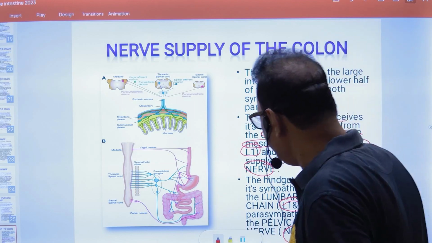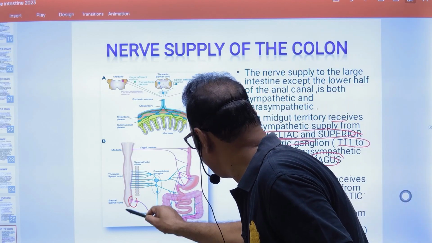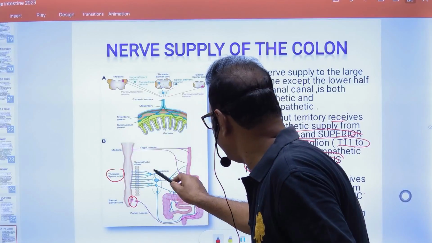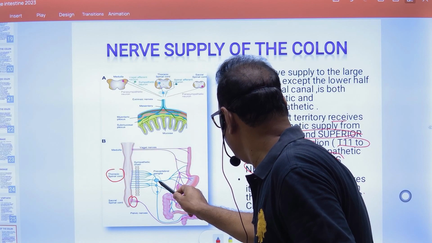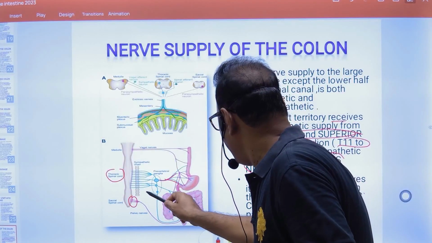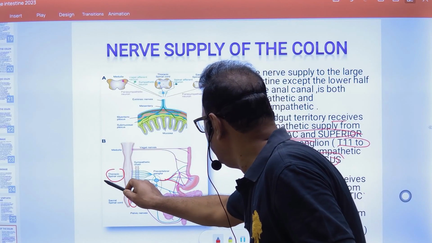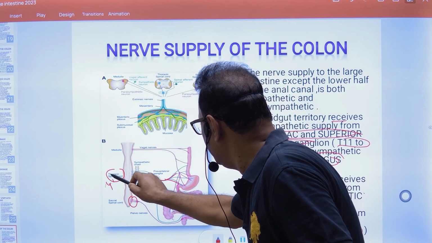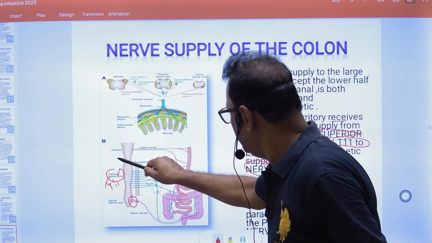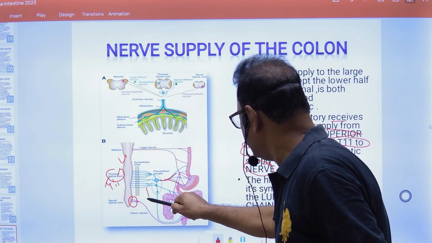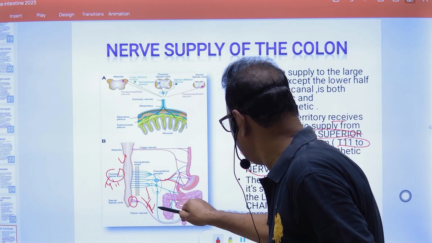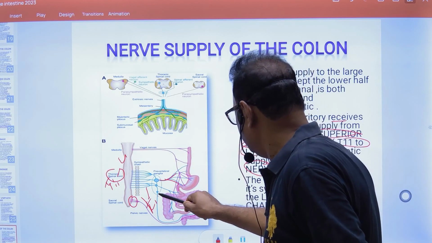So see over here, this is the sacral nerve, the parasympathetic one. This is the thoracolumbar segment, coming like this, and this is T11 to L1, and this much is L1 to L2.